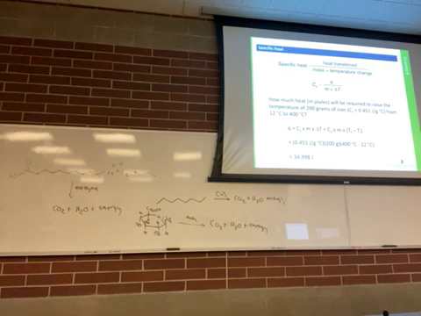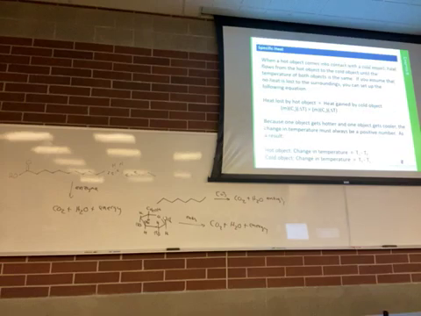The next one, though, you have to think about what's going on. Because I started the class saying that heat always flows from a hot object to a cold object. So the hot object is going to be getting colder. The cold object is going to be getting hotter. So I need to think about initial and final. Okay? So this is what we need to think about.